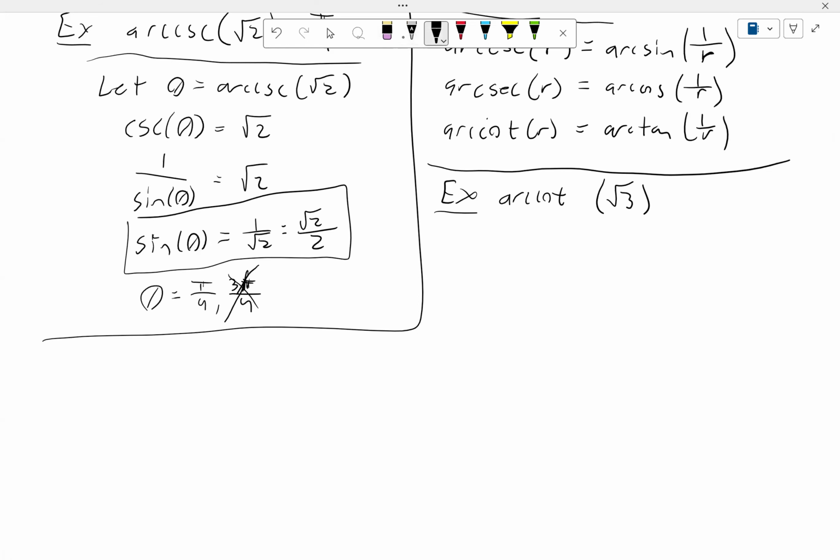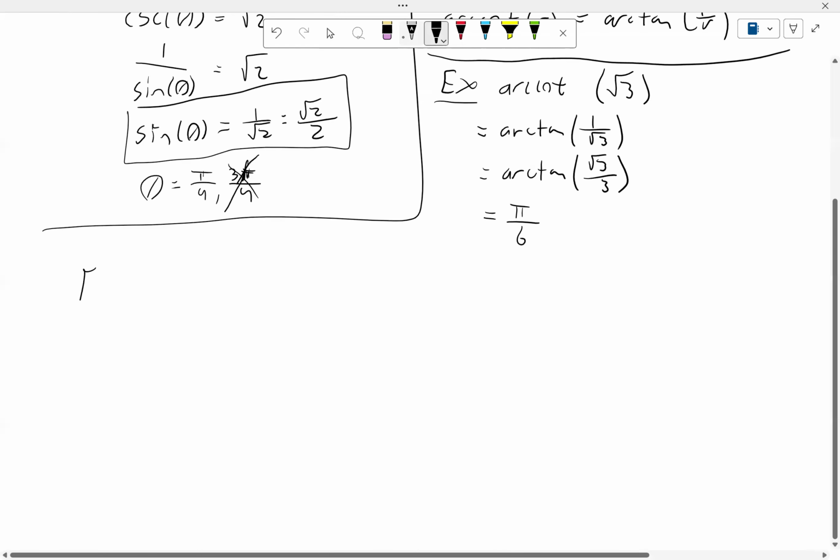Arccotangent of square root of 3. Well, that's the same thing as arctangent of 1 divided by the square root of 3, which we can rationalize. That's just arctangent of square root of 3 over 3. And so we're looking for an angle where tangent of theta is equal to square root of 3 over 3, and that happens to occur at pi over 6. So arccotangent of square root of 3 is just pi over 6.